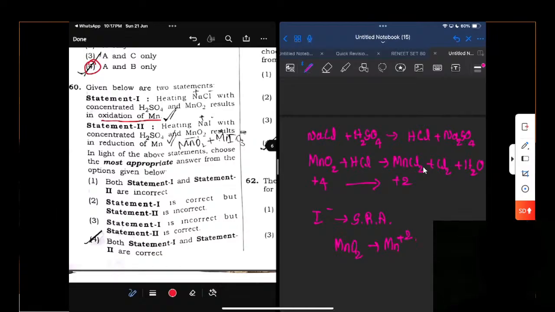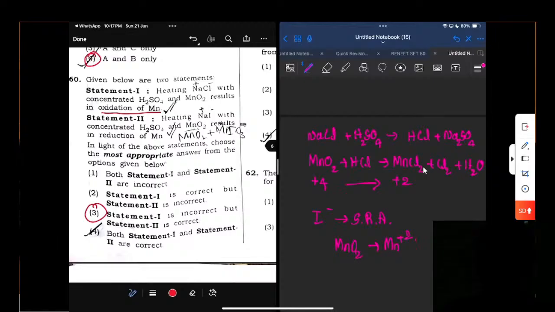Mn is reduced. So statement 2 is correct and statement 1 is wrong. It is in option 3. Statement 1 is incorrect and statement 2 is correct. For question number 60, option 3 is the correct answer.